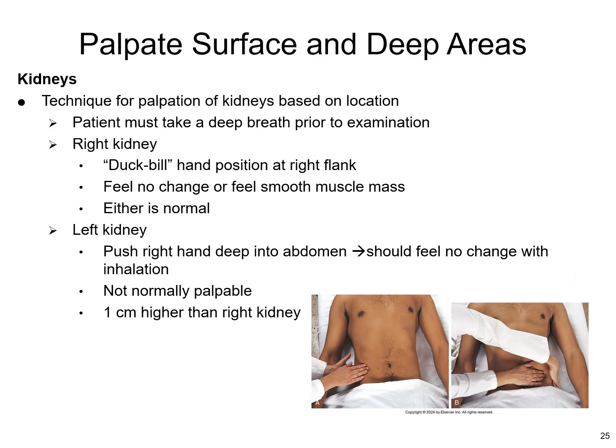The way we palpate the kidneys and determine the location is we ask our client to take a deep breath prior to the examination. We are going to form a duckbill hand position at the right flank area. You should not feel any change, or you should just feel a smooth muscle mass.